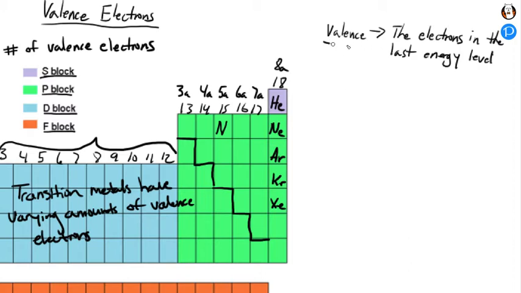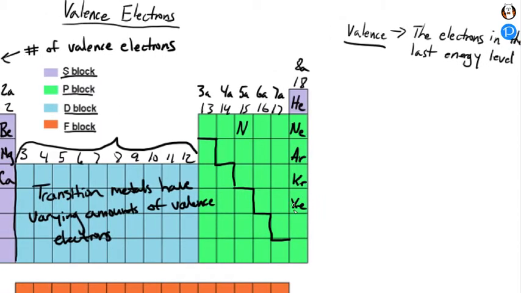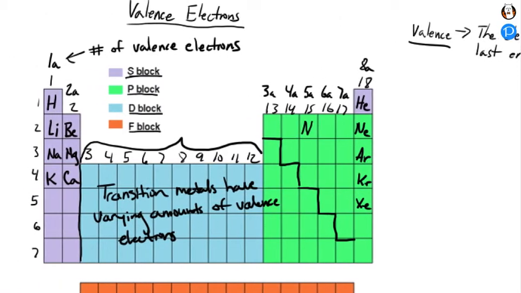And so elements in the same group have similar chemical properties because they all have the same valence electron structure.